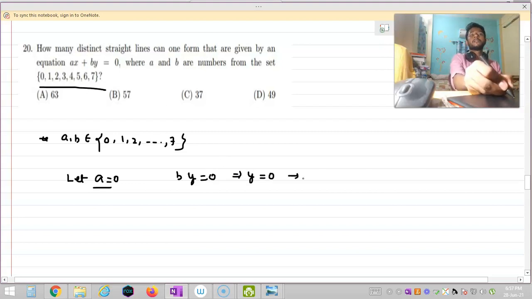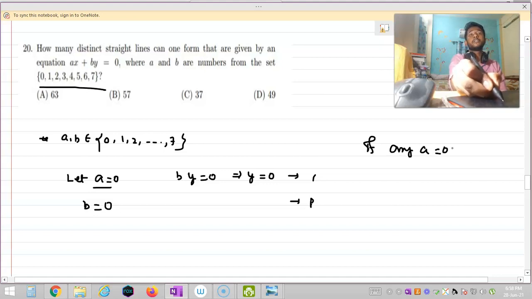So there exists only one equation with a equal to 0. Similarly, if b equals 0, we will get only one equation. So if a equals 0 or b equals 0, there are two possible straight lines.